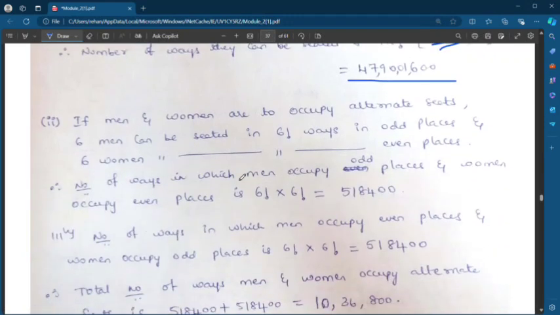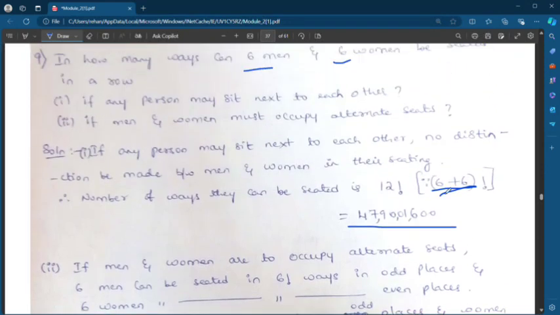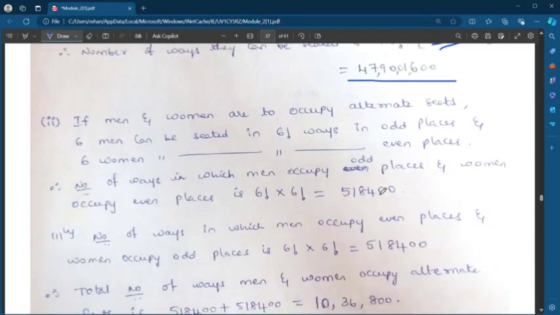Now, if men and women are to occupy alternate seats, 6 men can occupy odd places in 6 factorial ways, and 6 women can be seated in even places in 6 factorial ways. The number of ways in which men can occupy odd places and women even places is 6 factorial into 6 factorial. Here we had taken 6 plus 6 factorial total permutations, but here we are multiplying.